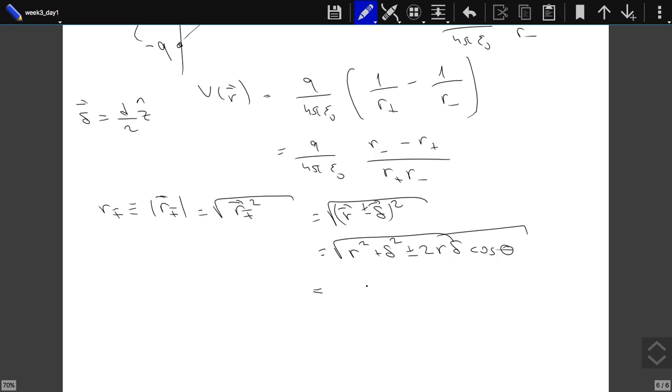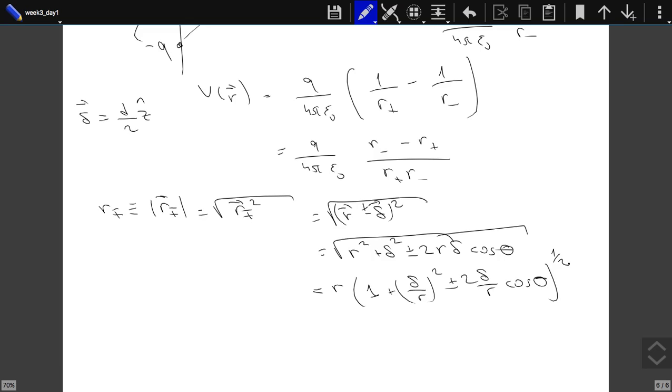Which is equal to, let's say, r times 1 plus delta over r squared plus or minus twice delta over r cosine theta, raised to the power 1/2.